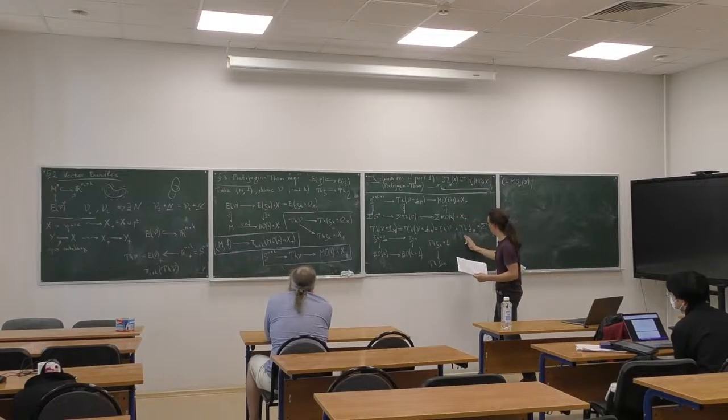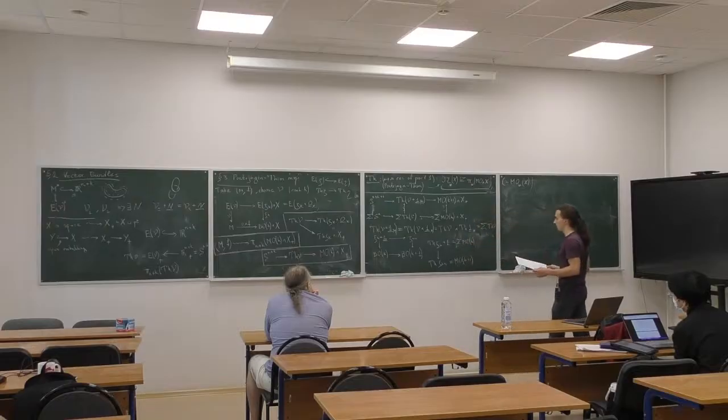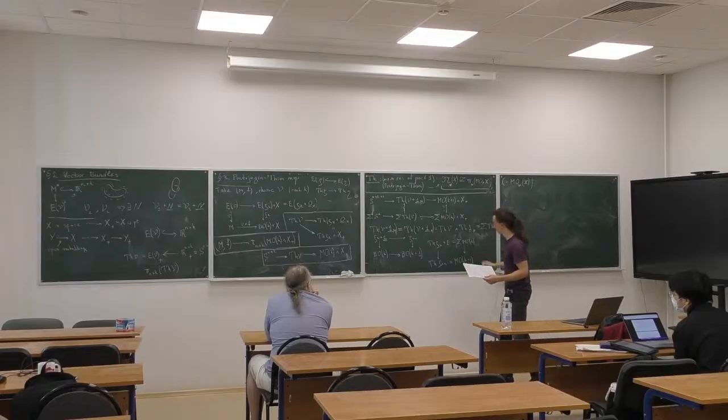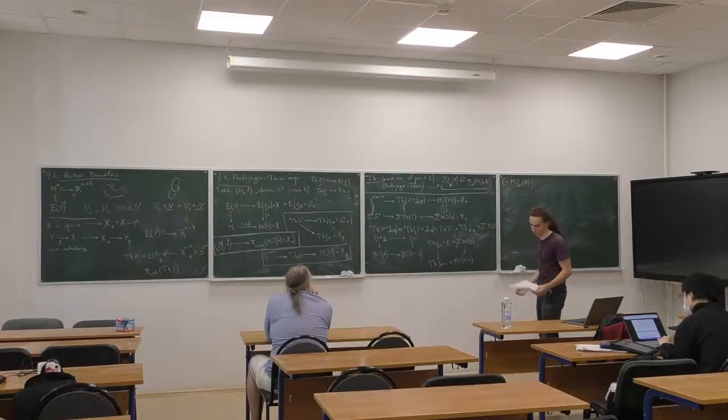But now this is just MO(k+1), and this, as we have just seen, is the suspension of MO(k). Great, so we get a map from the suspension to the next step.